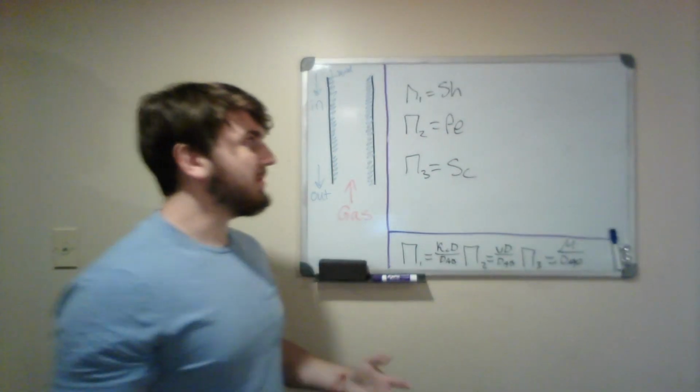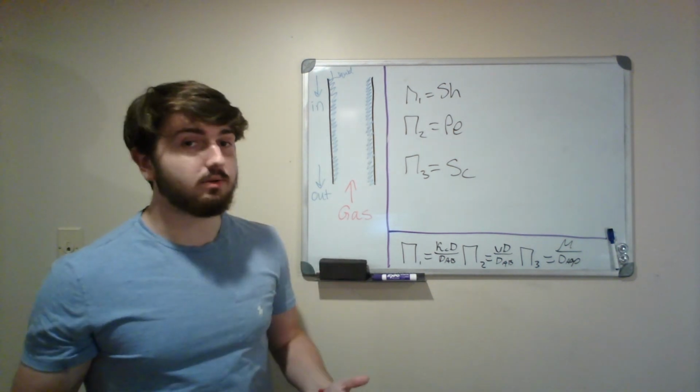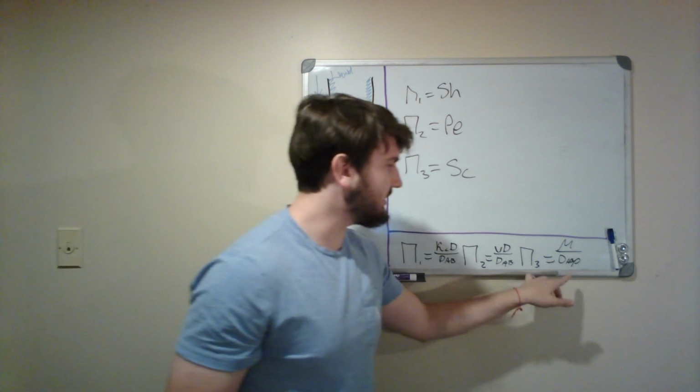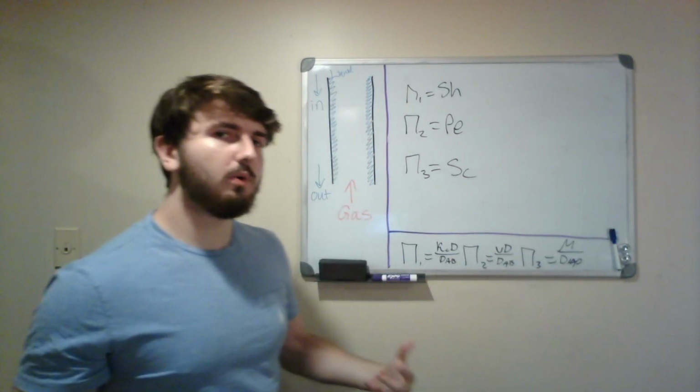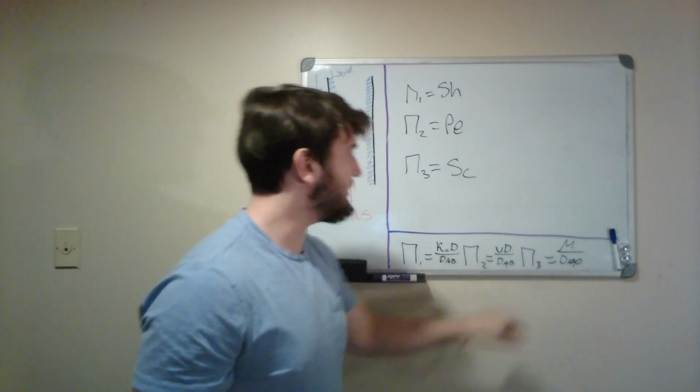The issue is what we were looking for is the Sherwood, the Schmidt, and the Reynolds number. We have the Peclet number instead. But if you look at these two, you can actually see we already do have the Reynolds number between these two.